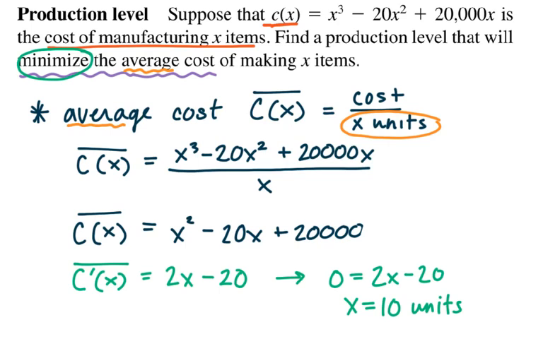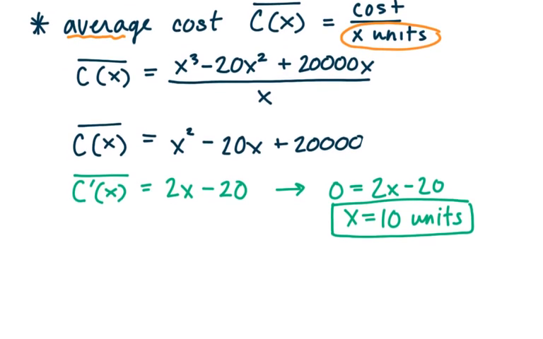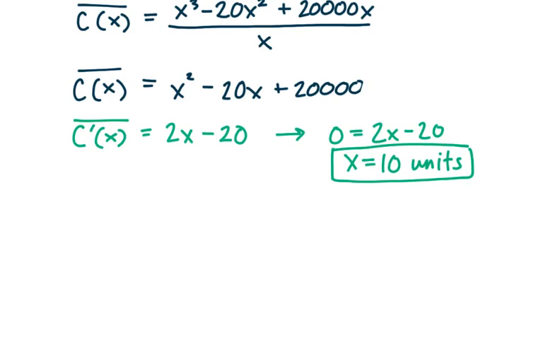All right, and so that's all this question is asking us, is find the production level. So we only need to produce 10 units. But what is the average cost? So C of x bar, if I want to find that average cost for 10 units, we'll be plugging 10 into my C of x function, not my derivative.